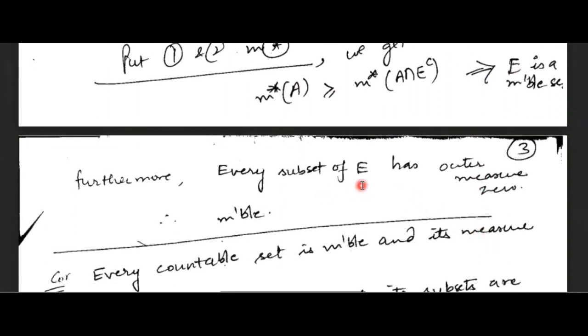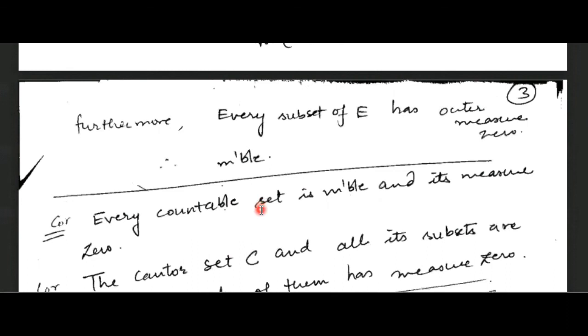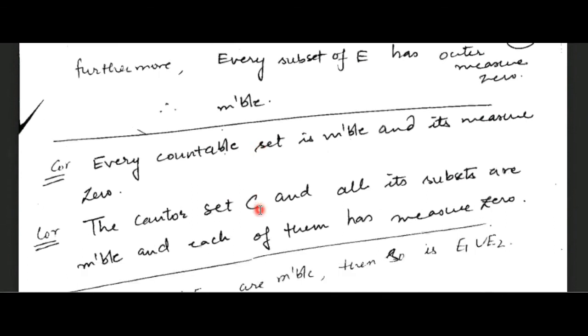Further, every subset of E has outer measure 0, and by using the above result, whenever a set has outer measure 0, it is measurable. So every subset of outer measure 0 is measurable.